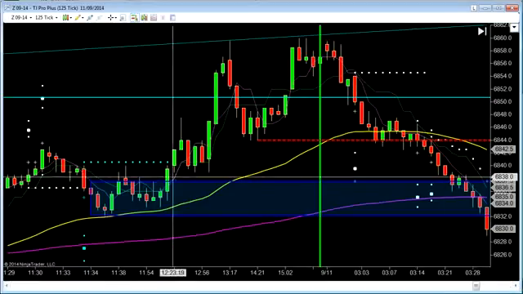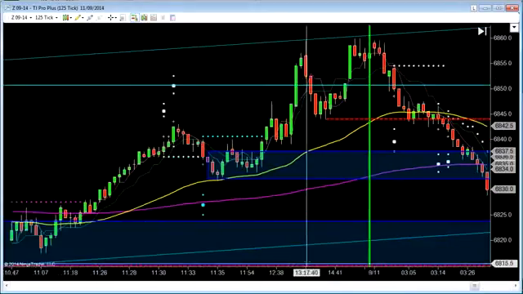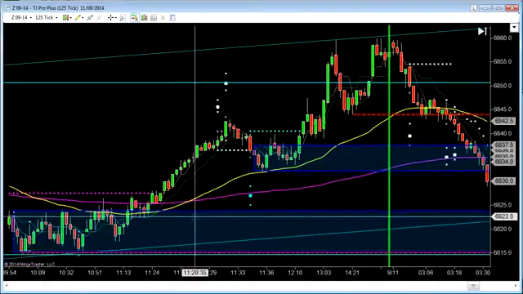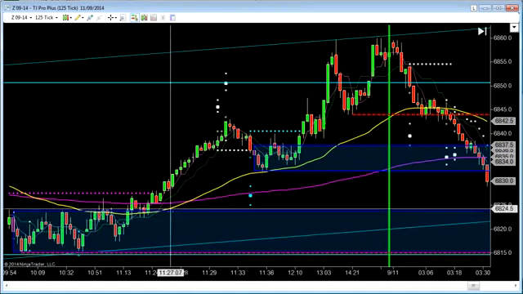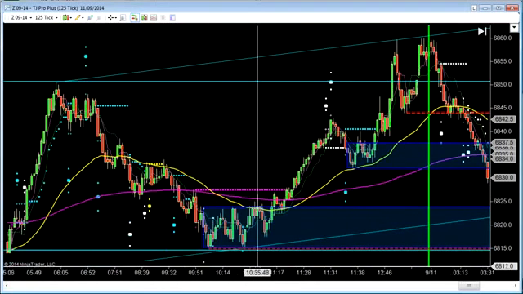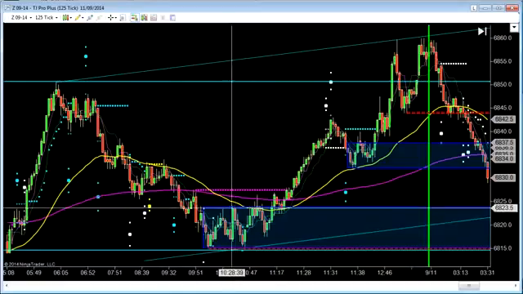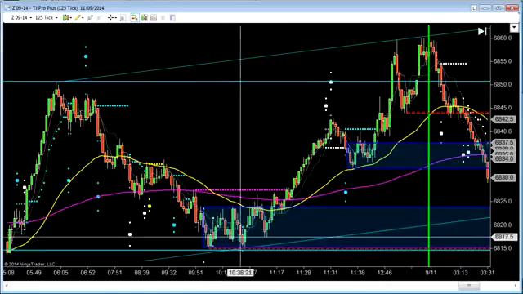So it's got through this area, and I'm looking for the target of the zone below, so down towards like the 23, 24 area, something like that. I've also drawn in a possible trend channel. It's not a good trend channel, I've just drawn it in as a possible channel.